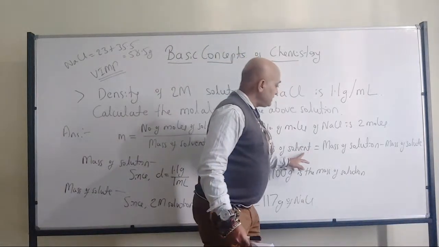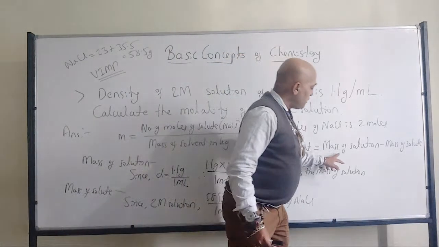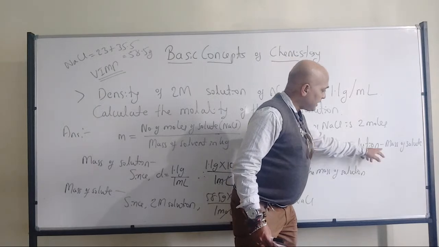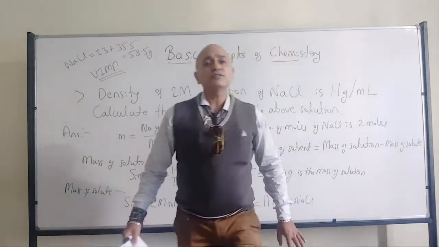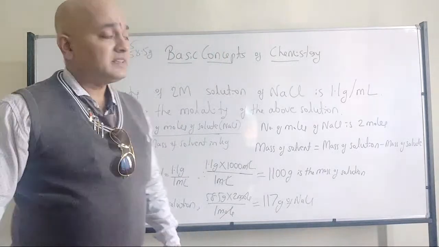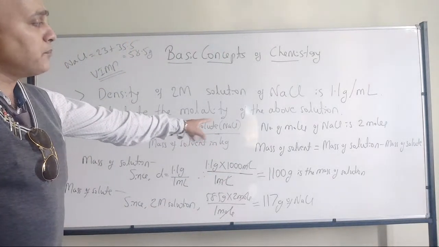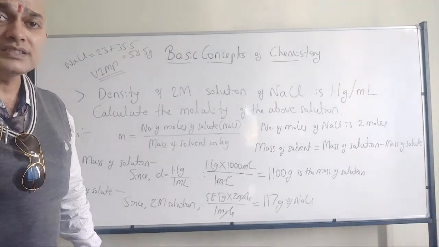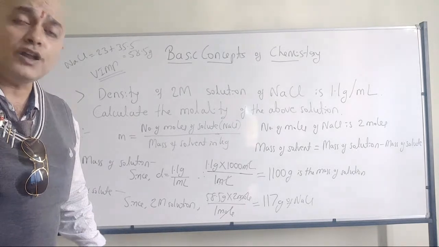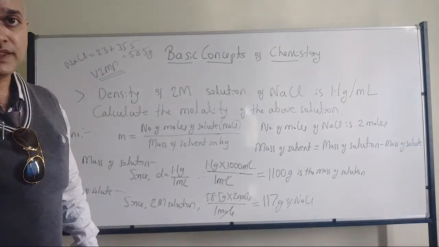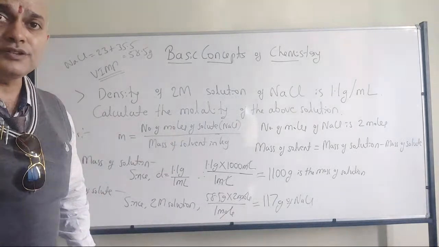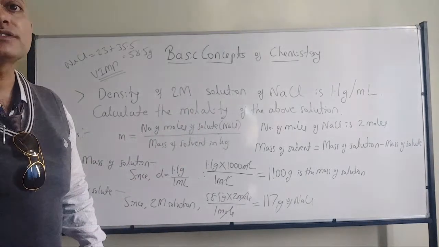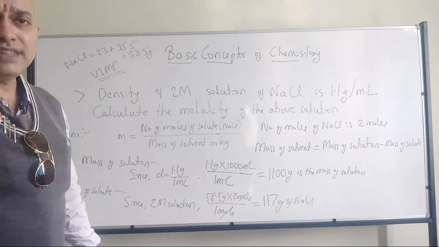So to calculate the mass of solvent, we should know the mass of solution minus mass of solute, because solution is nothing but solvent plus solute. If I take out this mass of solute, leftover will be mass of solvent. So that's where I have the equation.